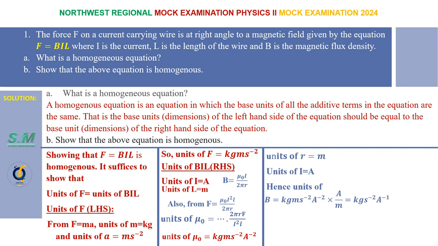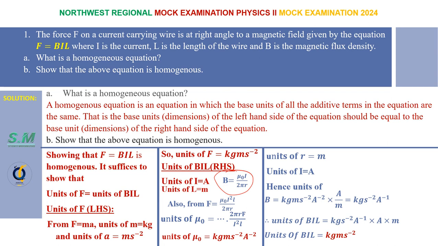So the base unit of B will be the base unit of mu naught, and the base unit of I, which is the ampere, and the base unit of R, which is the meter. Now 2 pi is a dimensionless constant, so it takes a unit 1, and so simplifying, we get that the base unit of B will be the kilogram per second squared per ampere.